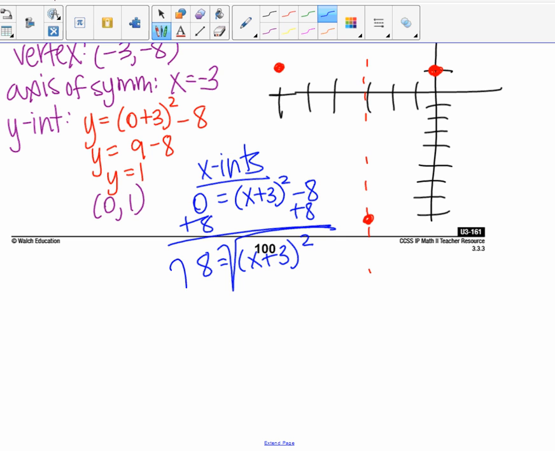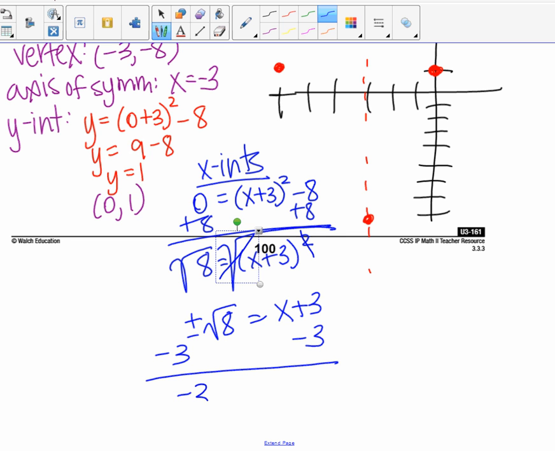Square root both sides, and you get plus or minus the square root of 8 equals x plus 3. Subtract 3 from both sides to solve for x, and you get -3 plus or minus the square root of 8 equals x. Well, remember, that's two answers. That's -3 plus the square root of 8 and -3 minus the square root of 8.